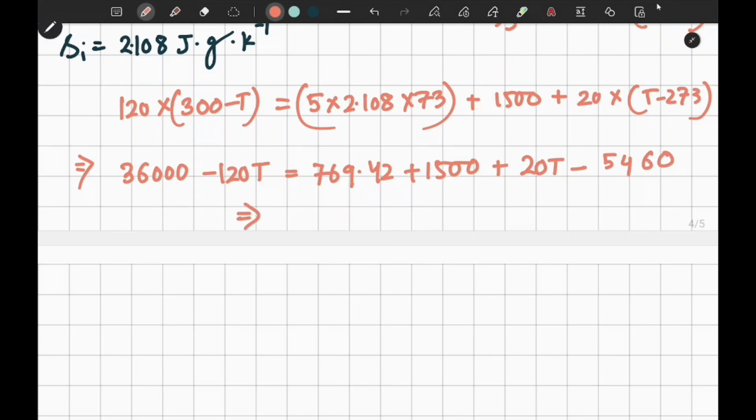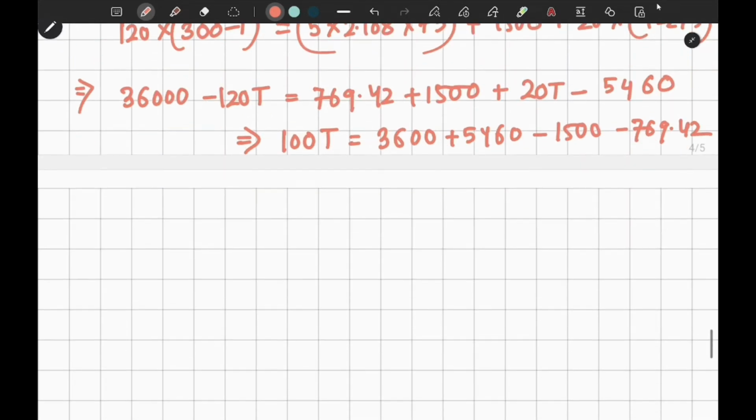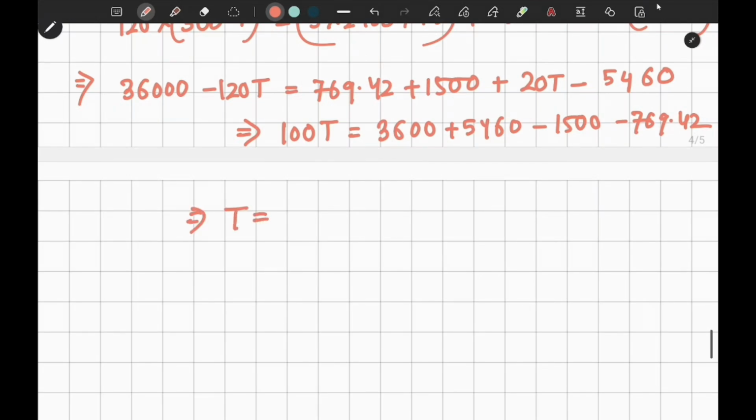So eventually it will be 100T equals 3600 plus 5460 minus 1500 minus 769.42. So from here T will be 67 point.